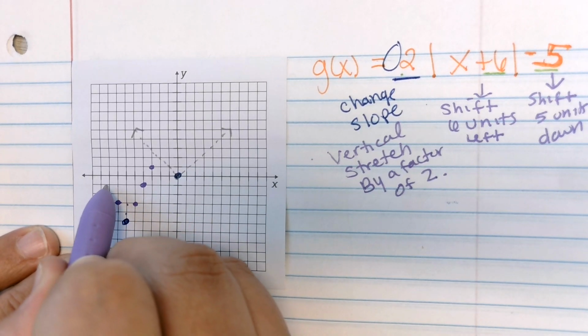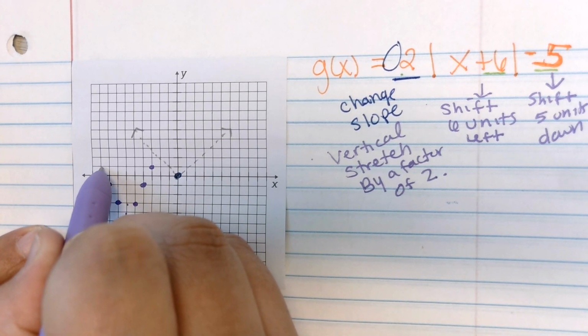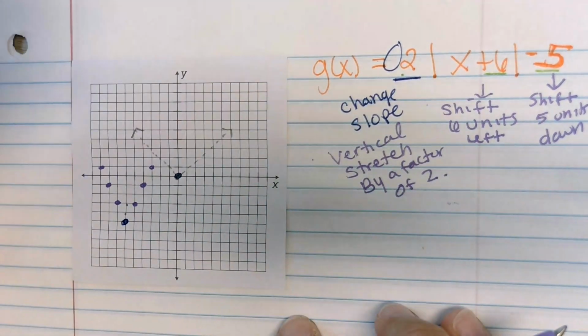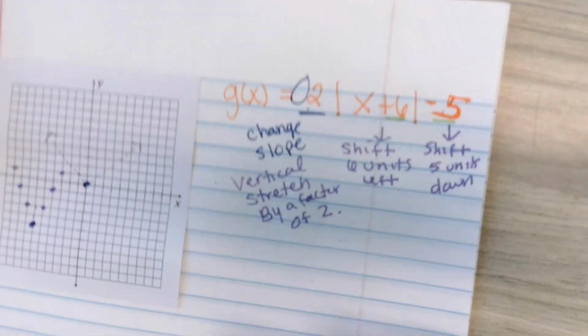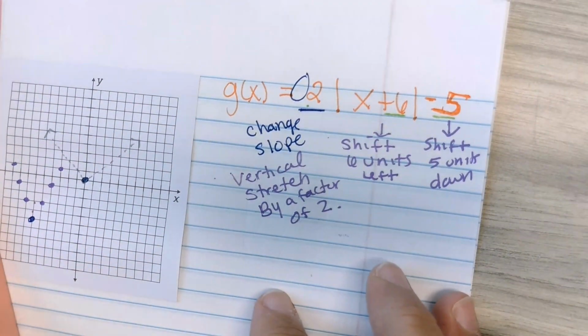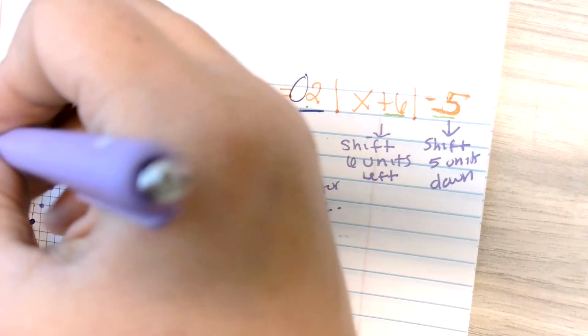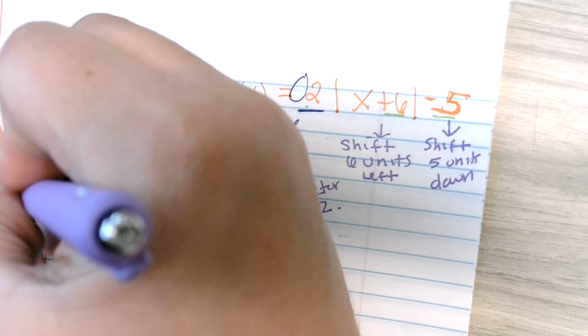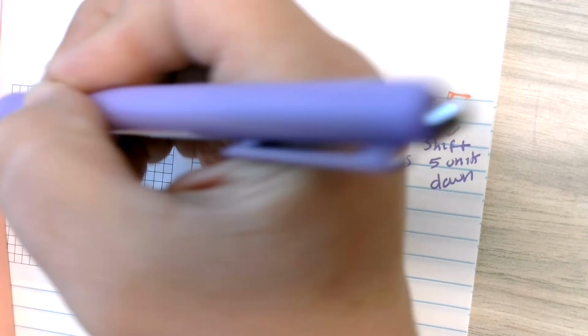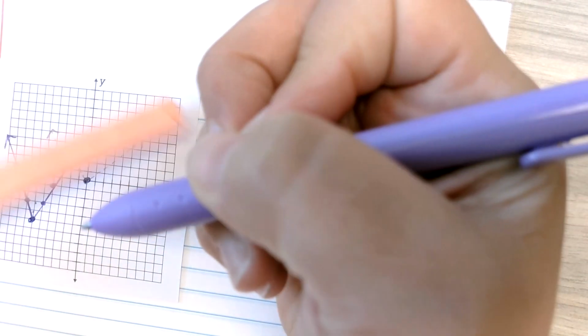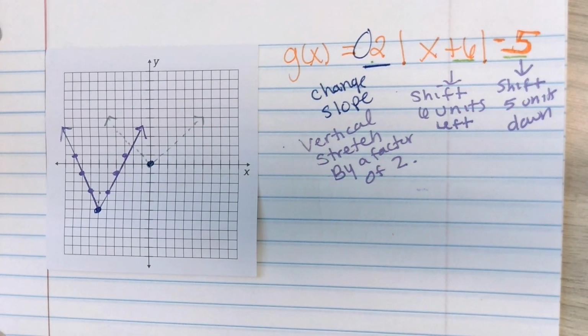So you should have a very symmetrical V. We're going to use a straight edge to connect our points. Oh, I messed up. Oh well, it doesn't really matter. There we go. So we graphed using a transformation.